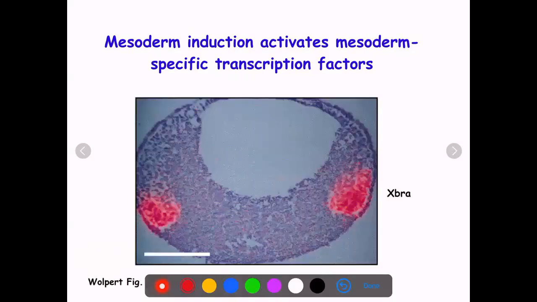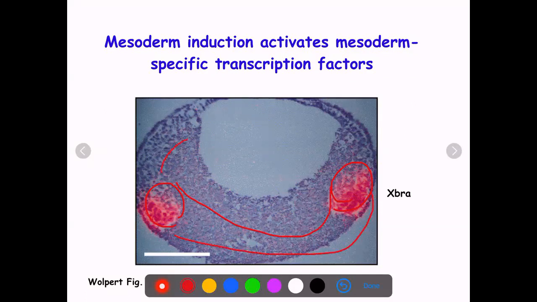So this is the mesoderm, the slice of the embryo, and you can see mesoderm is forming like this. I wonder what that is? You may be surprised, but this is a slice. So the real mesoderm looks something like this. It's kind of like a donut.